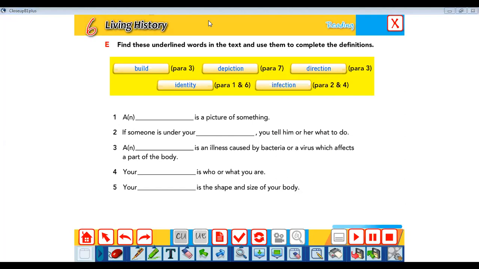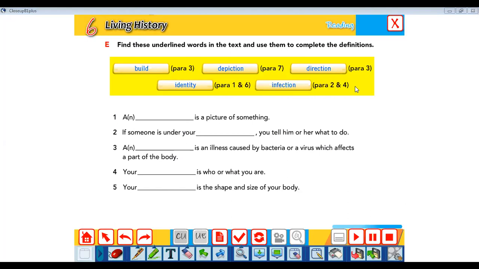If you know the answer, you can raise your hand. Who can answer number one? You will just try to choose from these words and put them in the correct place, according to the meaning of the words that we explained. Yes, Alia.